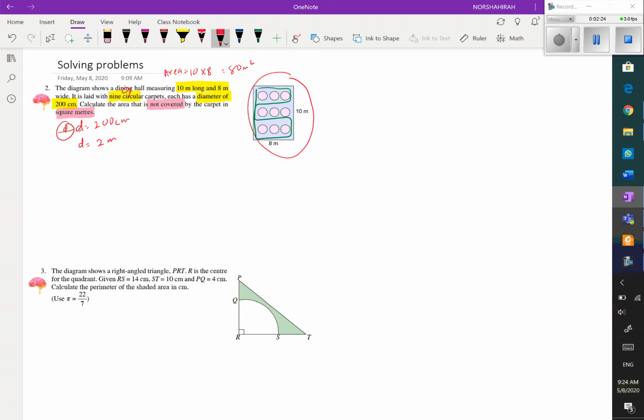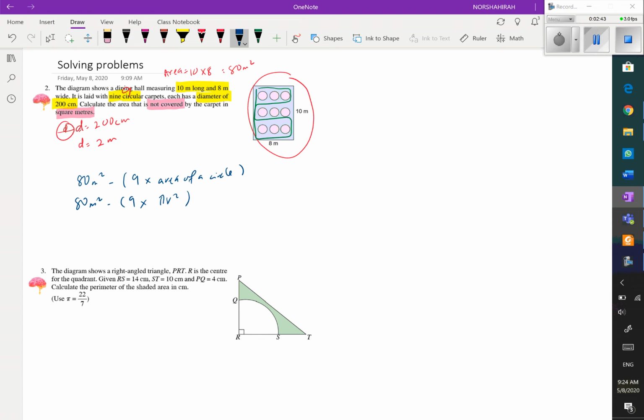So 80 meter square you kena tolak dengan 9 kali dengan area of a circle. Okay, area of circle apa? Pi r square.